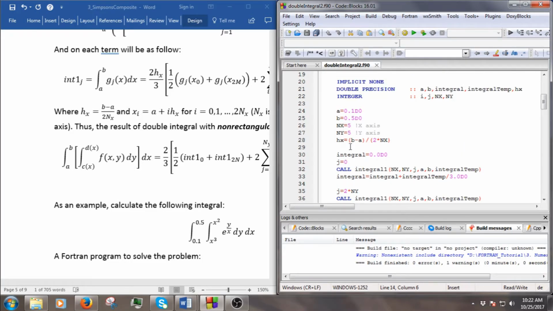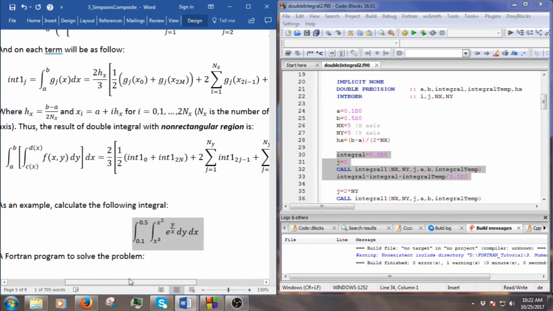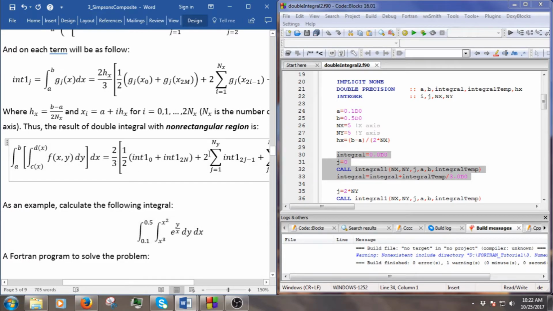And as we can see here, what is this? Let's go to the final result of the integrals here. This line is basically calculating this part, integral 1 of j equals 0, right?